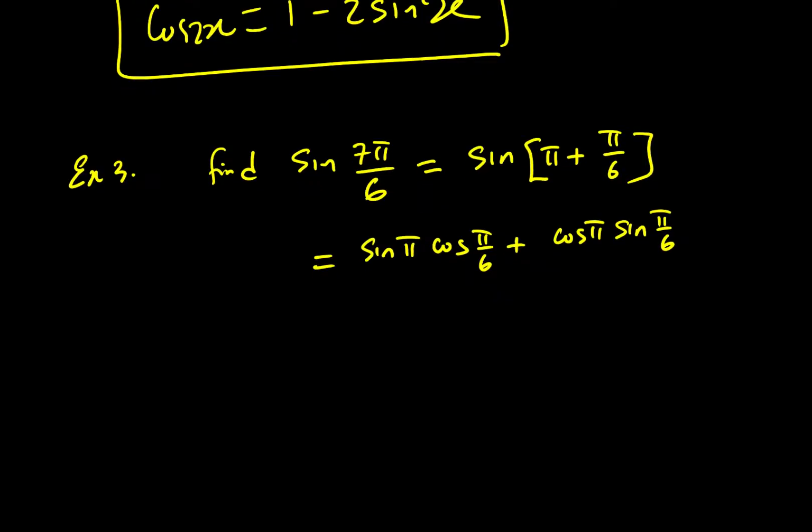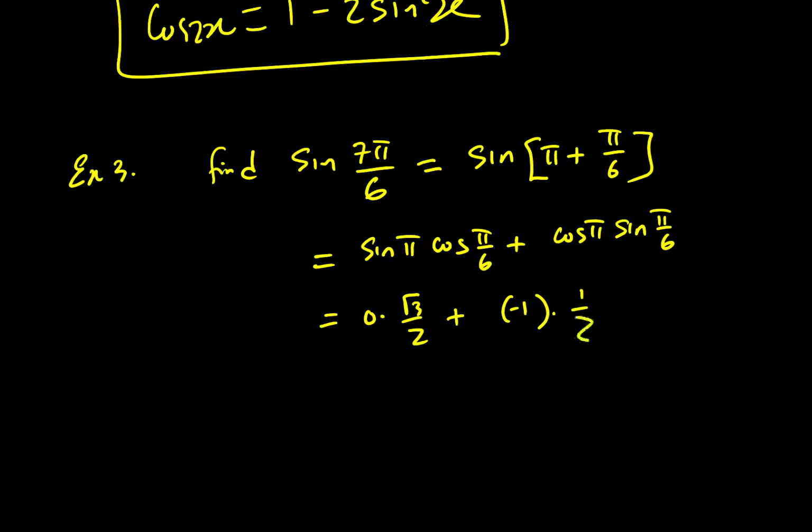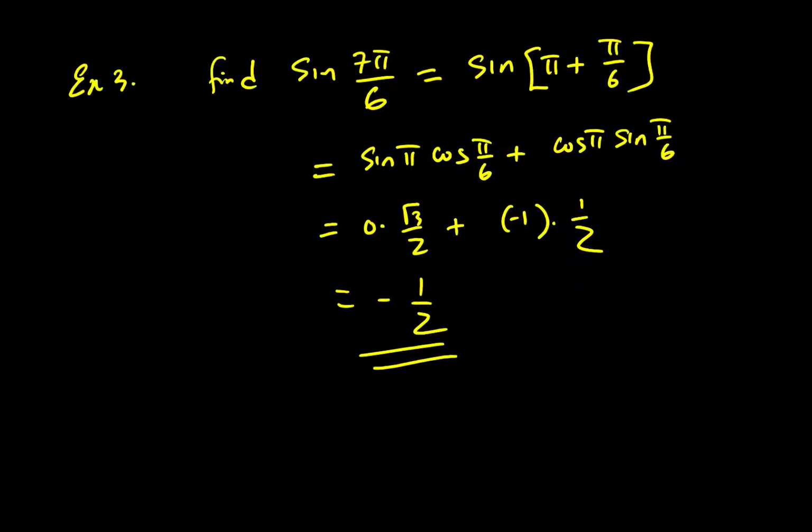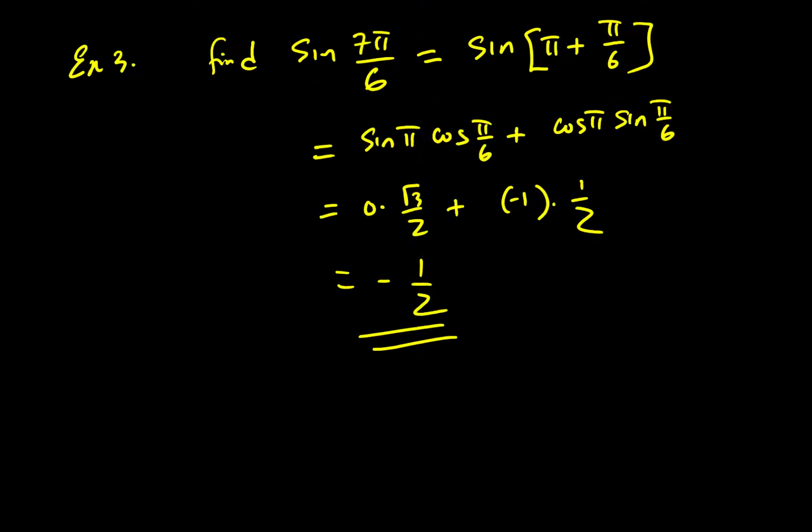This is the same as 0 multiplied by root 3 over 2 plus negative 1 multiplied by half, which will give us negative half. So in this example, we really have simplified this expression. Thank you so much.